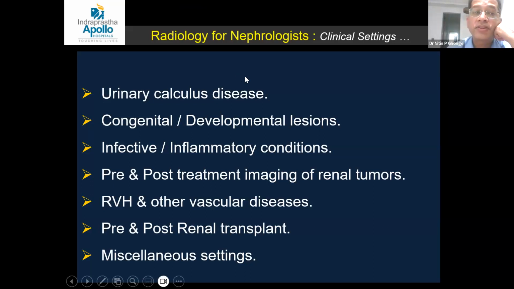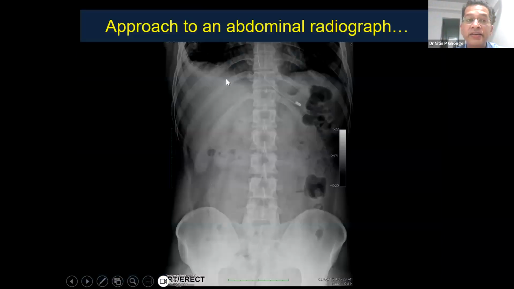So for a nephrologist, radiology is required for a wide range of clinical settings, right from calculous disease to congenital and developmental lesions to infective and inflammatory conditions to pre and post treatment imaging, evaluation of renal tumors, renovascular hypertension, renal transplant, and a lot of miscellaneous settings which cannot be listed in a single slide.